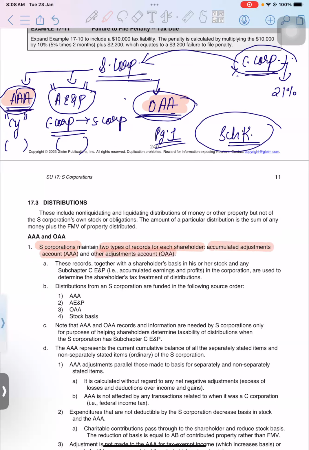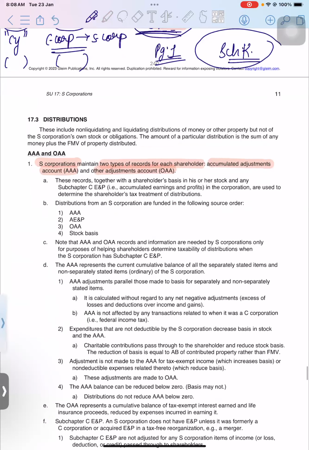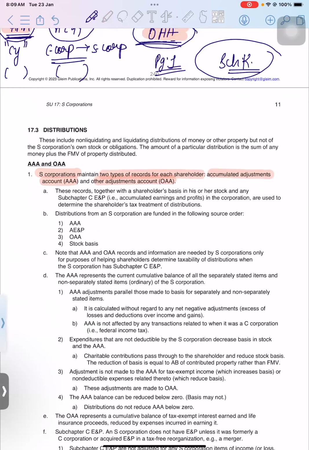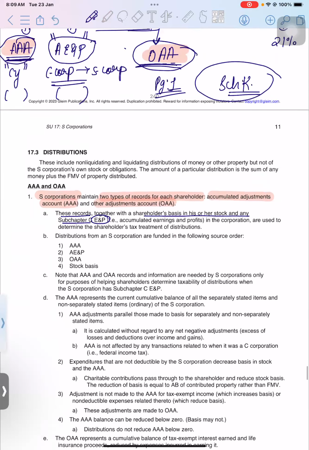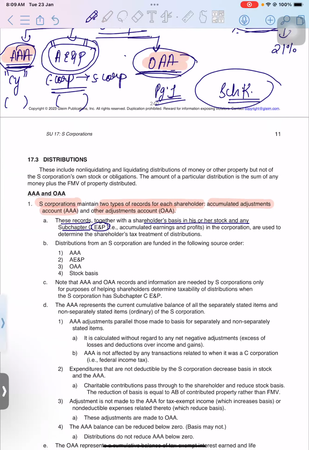Now we'll read each and every bullet point one by one and I'll explain in detail. These records, together with the shareholder's basis in his or her stock and any subchapter C E&P, that is our accumulated E&P, in the corporation, are used to determine the shareholder's tax treatment of distribution.